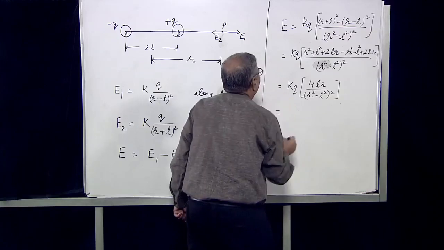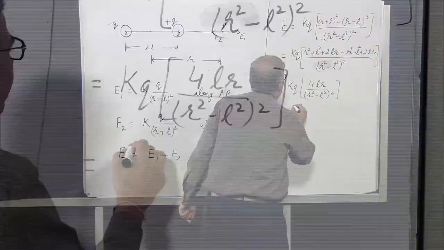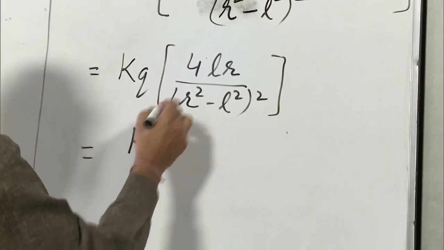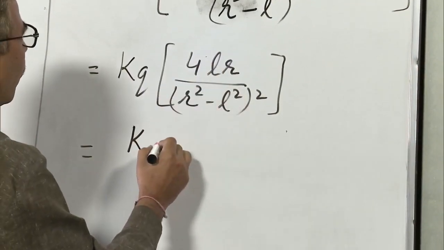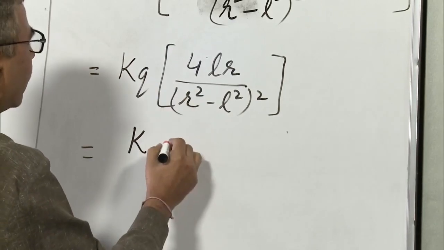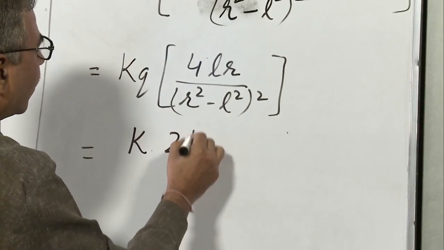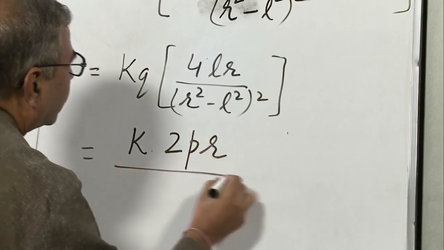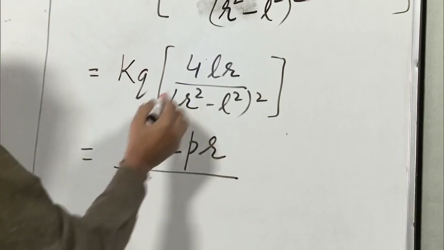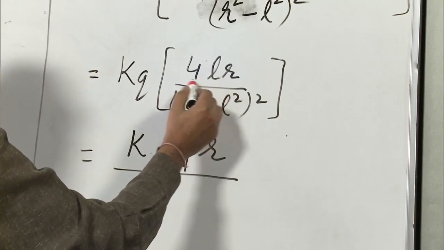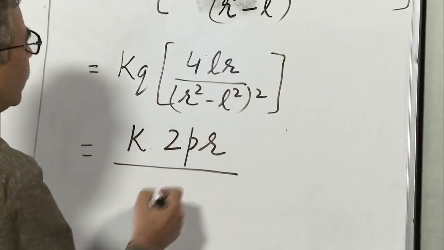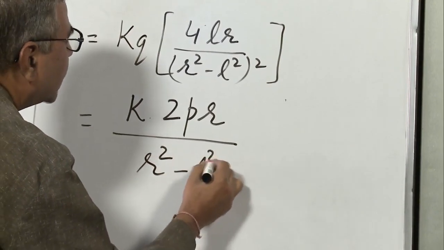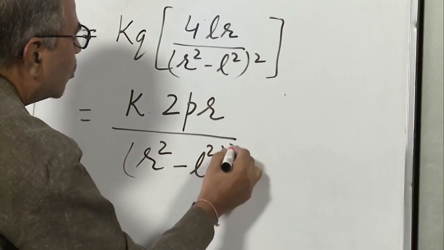It can also be written as K 2PR upon R square minus L square whole square.